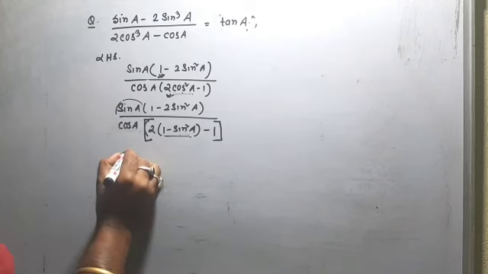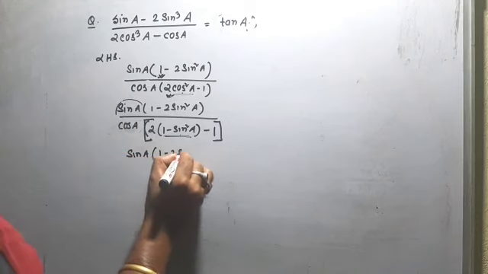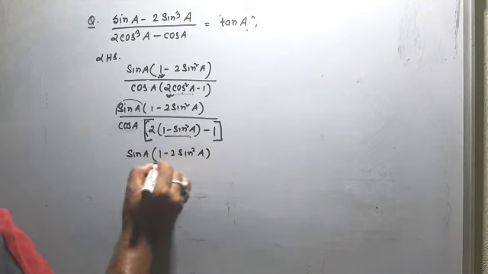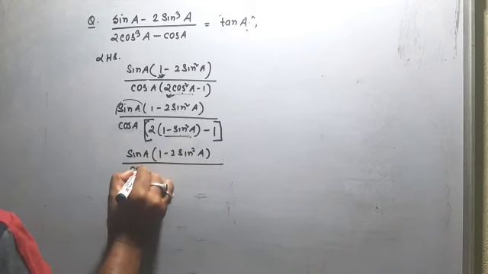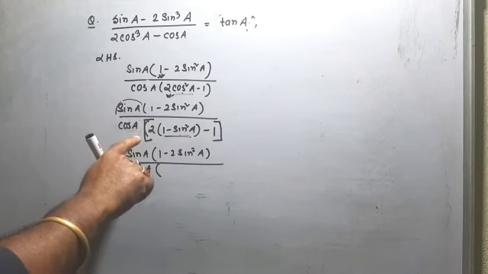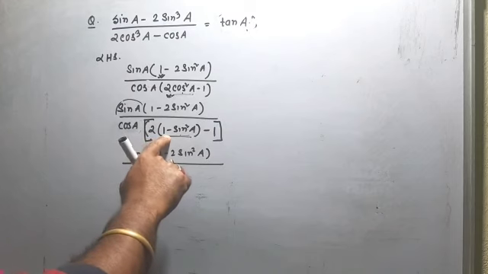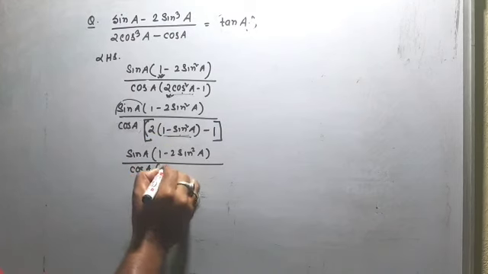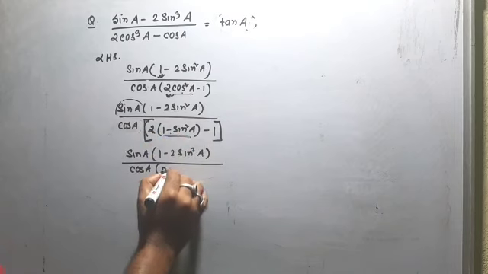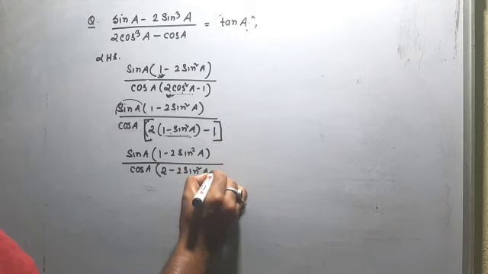Now here you write again sin a and 1 minus 2 sin square a by cos a, and now this 2 into 1, what happened? 2. And 2 into minus sin square a, 2 sin square a, and here it is minus 1.